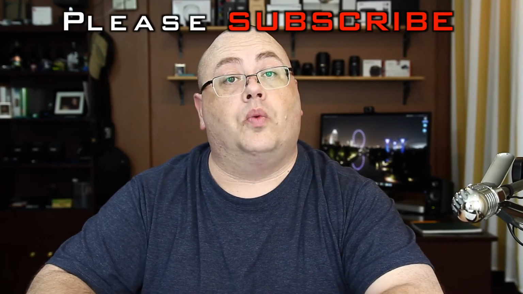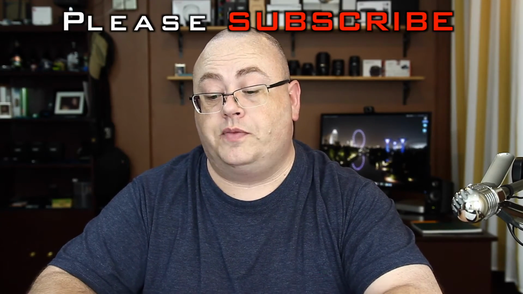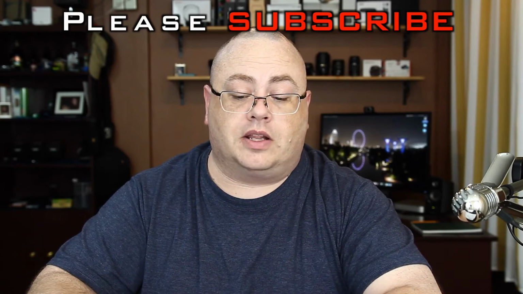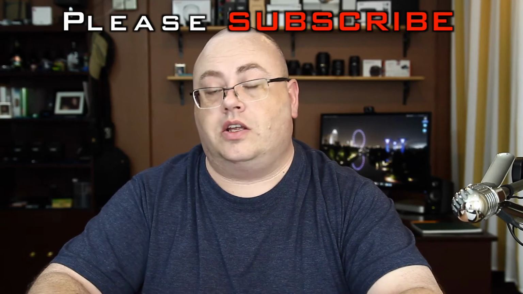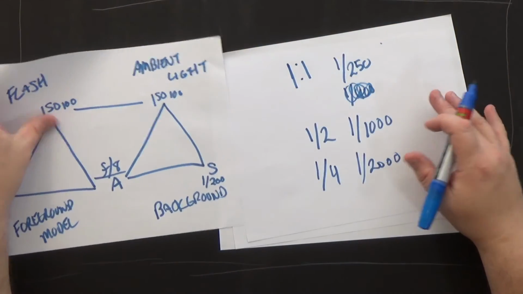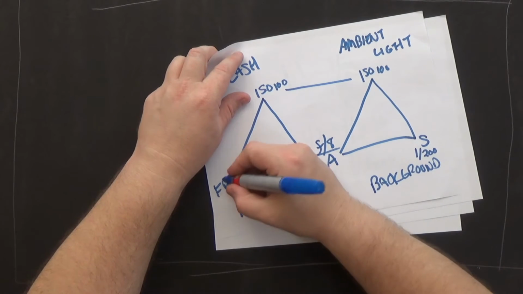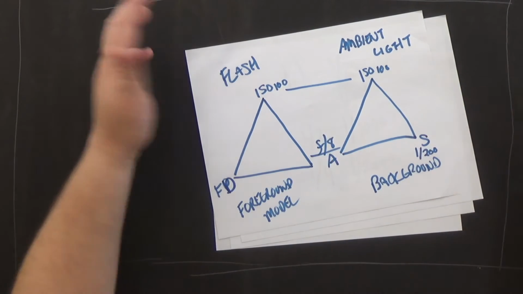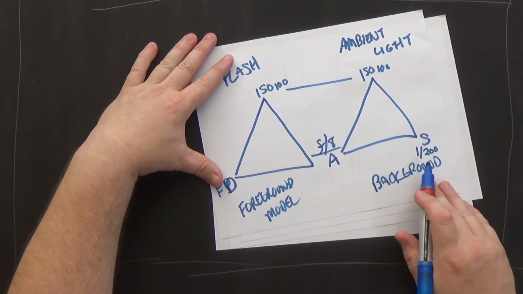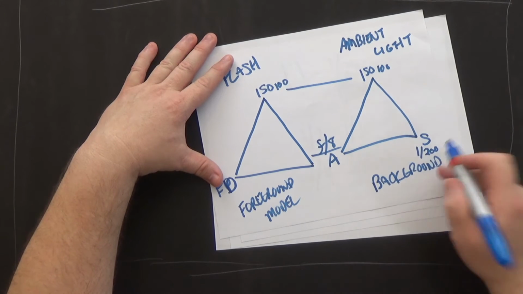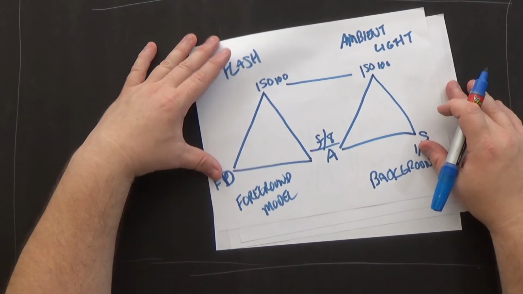Like I said, each flash, each strobe, they all really have their own speeds and the way they put out the light. But I'm giving this as a generic going off something like the 600EX. So your flash duration is always faster, even at 1:1 power, than our normal sync speed.